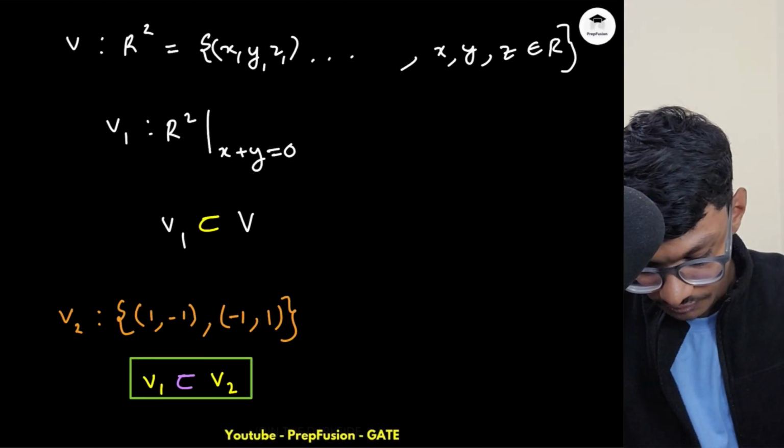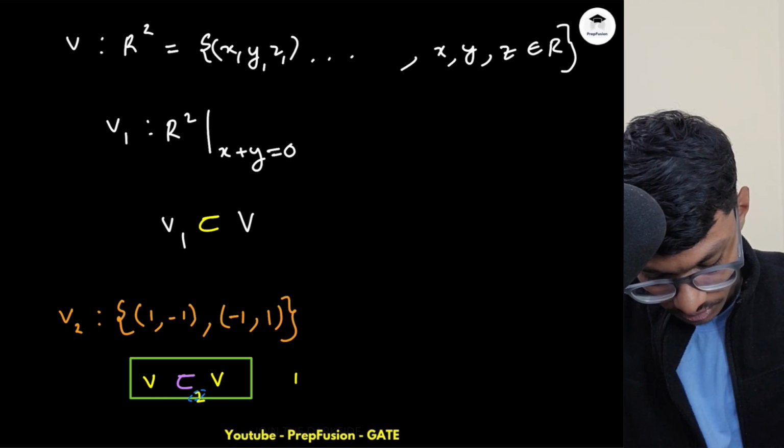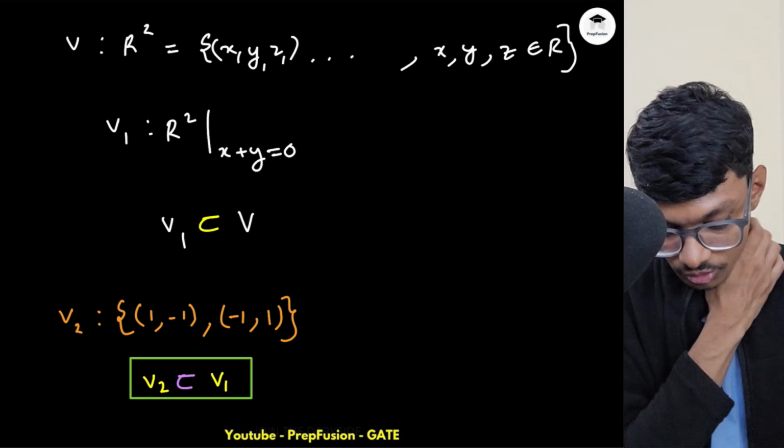No, sorry, not V1, V2 is a subspace of V1. V2 is subspace of V1. Okay, this is how we formally write this, right? So this is about the subspace.